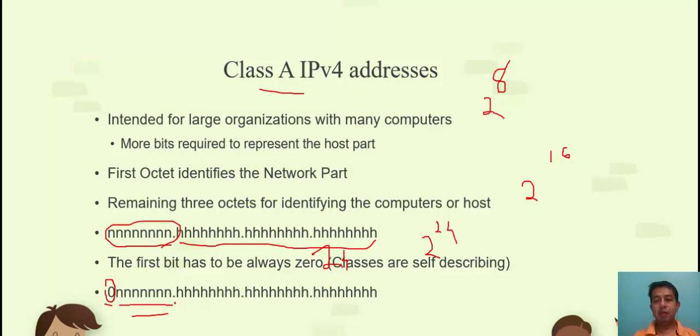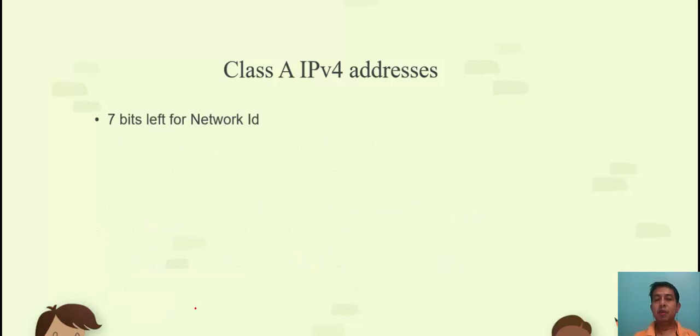So it essentially means that 2 to the power 7 networks can be represented using a class A address. In other words, 2 to the power 7 class A addresses are available for 2 to the power 7 organizations. That means 2 to the power 7 organizations can buy a class A address. Clear?